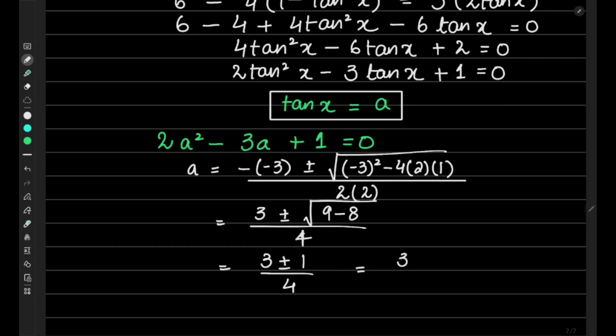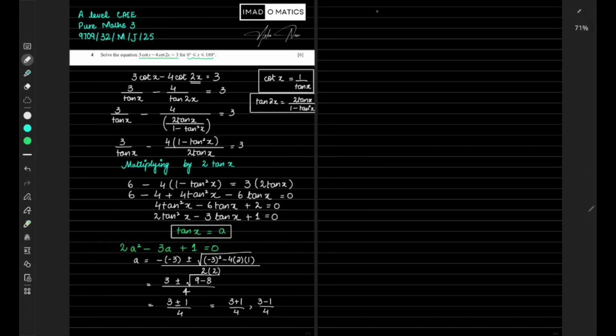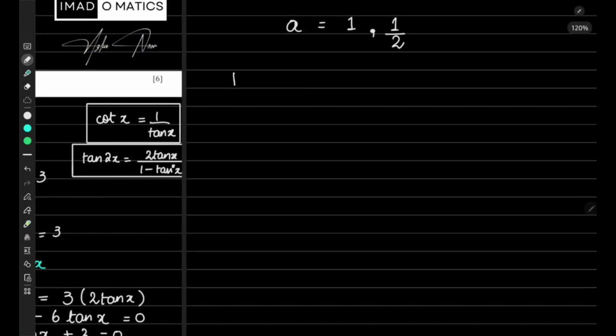So that gives you 3 plus 1 over 4 and 3 minus 1 over 4, so a equals 1 or a equals 2 over 4, that is 1 over 2. Now substituting back tan x, your tan x is either equal to 1 or tan x is equal to 1 over 2.